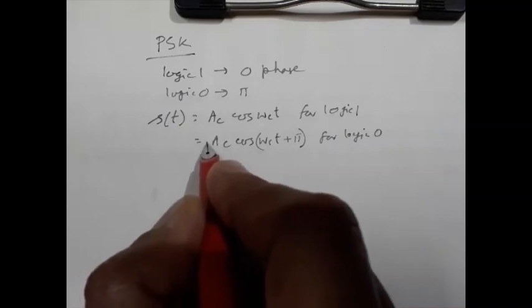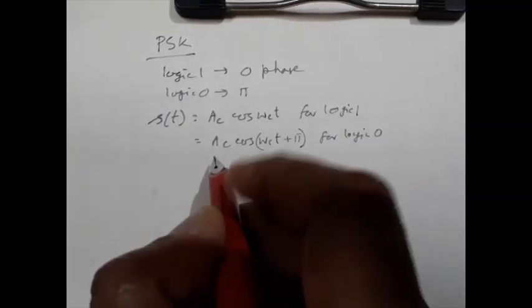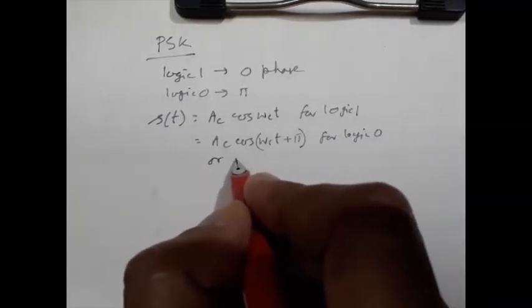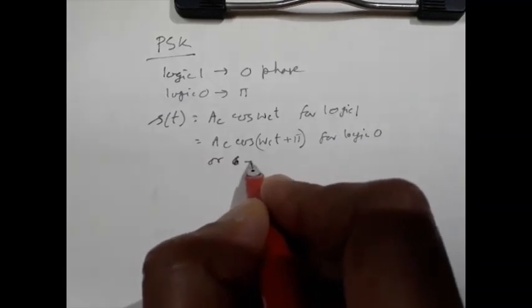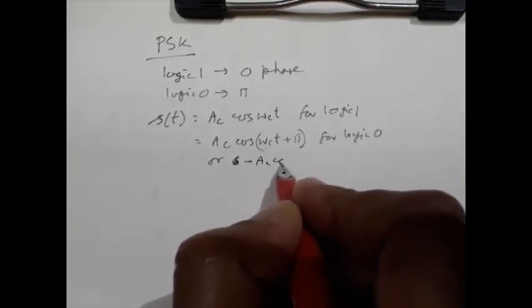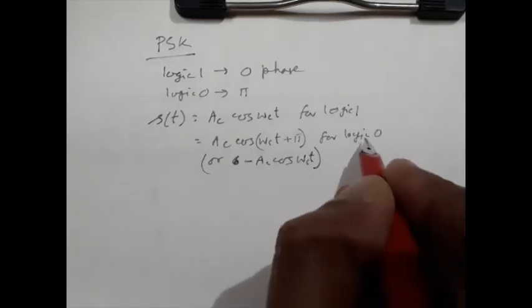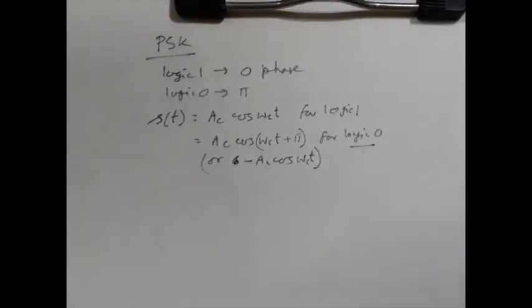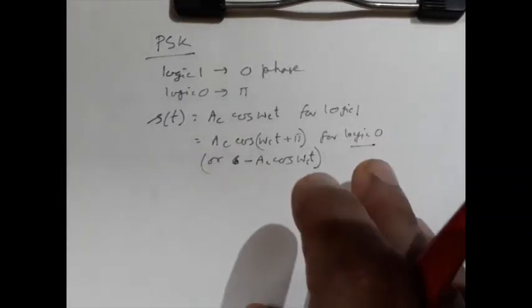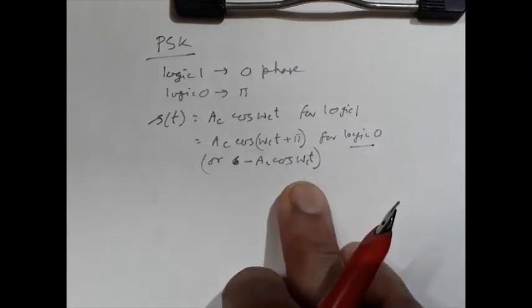That means this is equivalent to minus AC cos omega ct for logic 0. This is how we can represent the PSK signal.